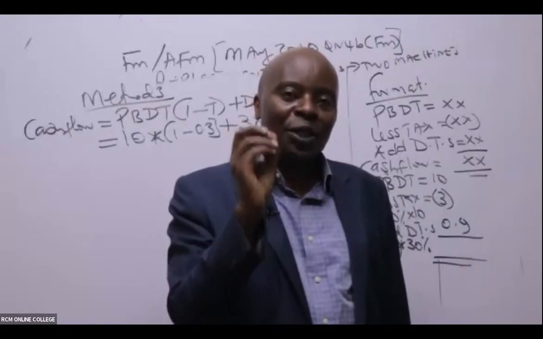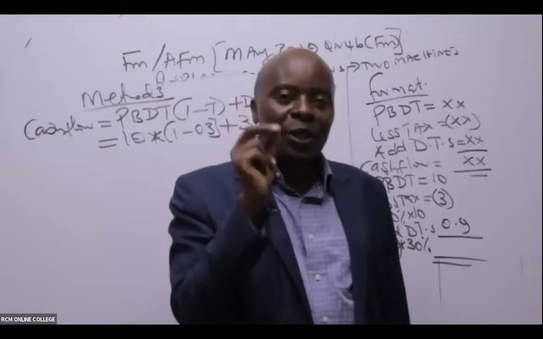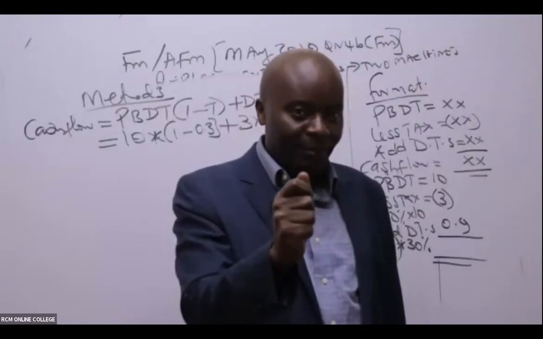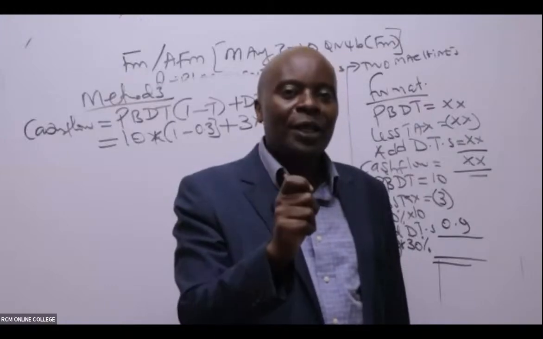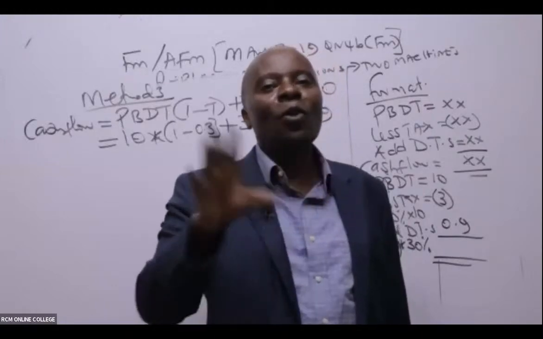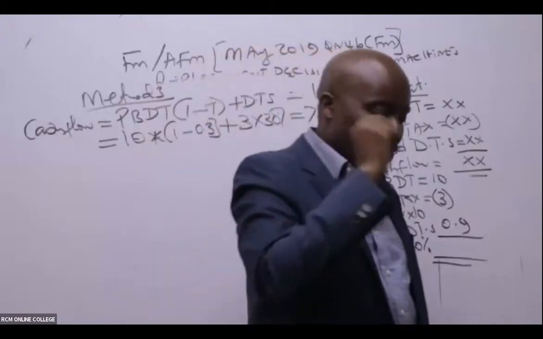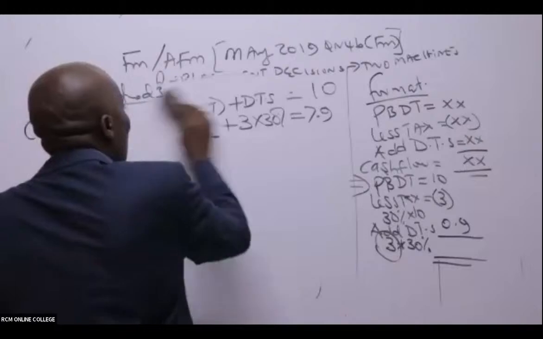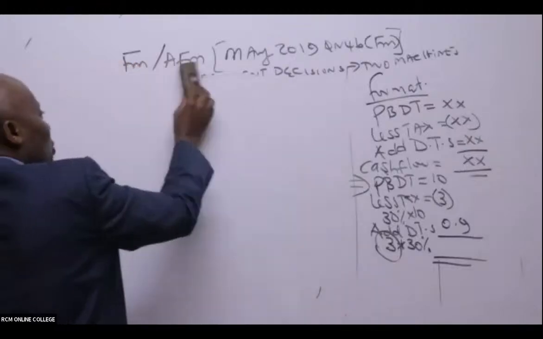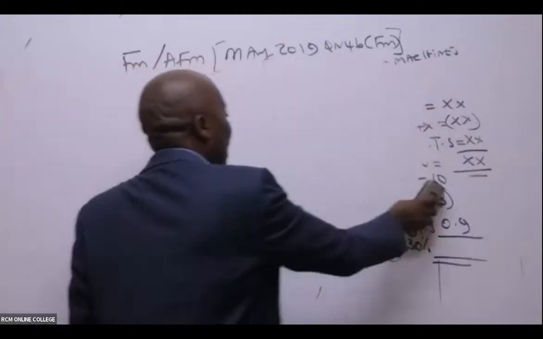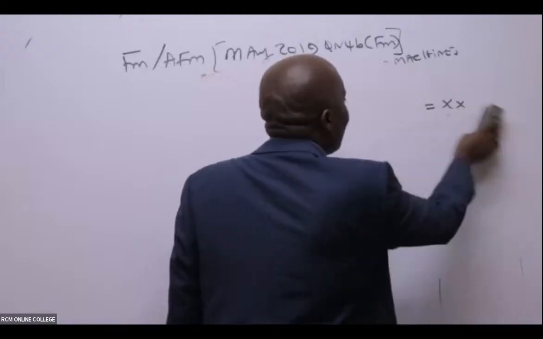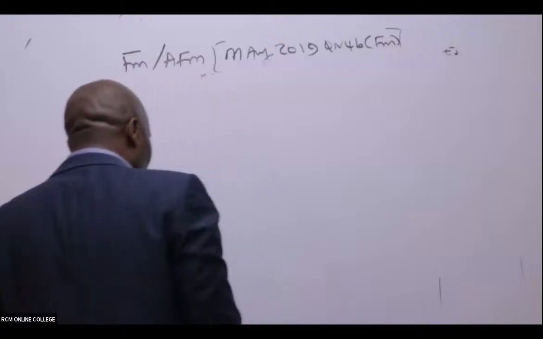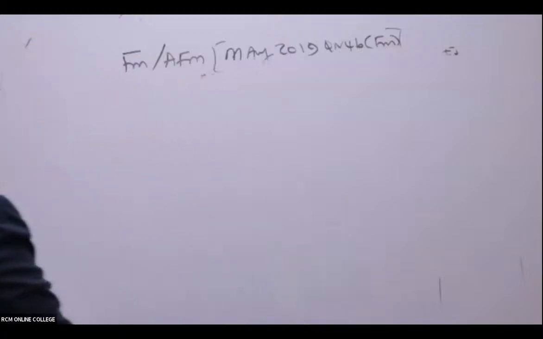Number one, depreciations of the 2 machines, and number two, the profit on disposal of the old machine. Those are the two technical areas. Once you understand how to handle those two technical areas, then you should be able to pass this particular question. This is a very, very common question. So I would want us, ladies and gentlemen, to start this question this way.